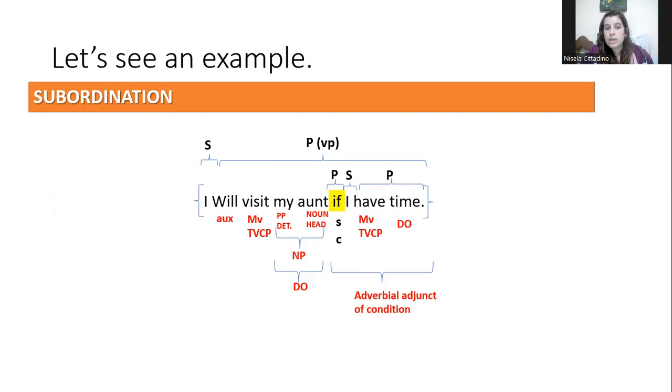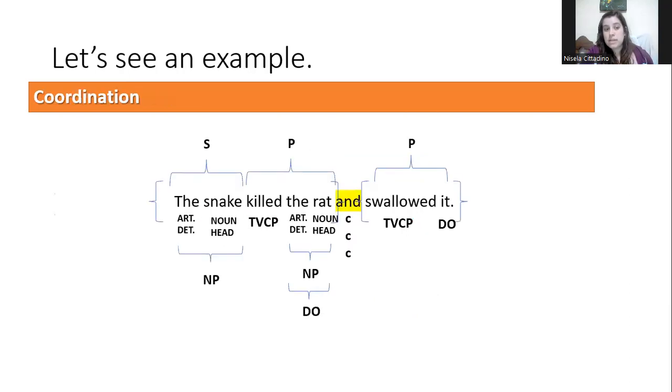Just make sure you are able to identify which are subordinating sentences and which are coordinating sentences, and make sure you put the brackets in the right place. You already know how to identify noun phrases, transitive verbs, direct objects.